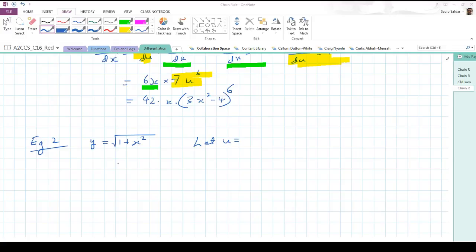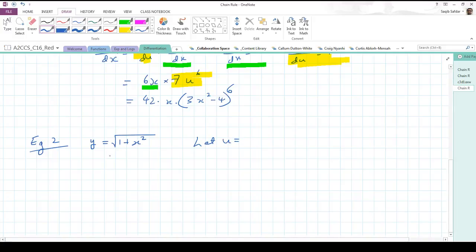X times 1 plus x squared to the power of minus 1 over 2. Okay, let's go through it together. 1 plus x squared. So what's our u going to be? Thomas? Square root of 1 plus x squared.